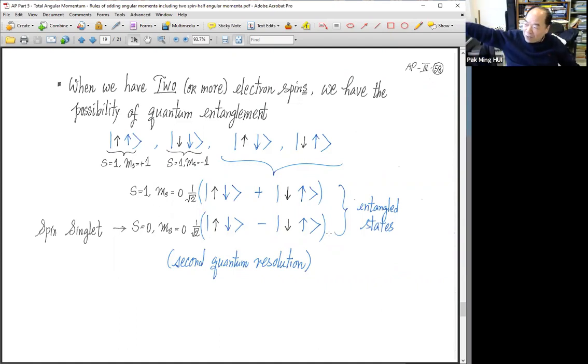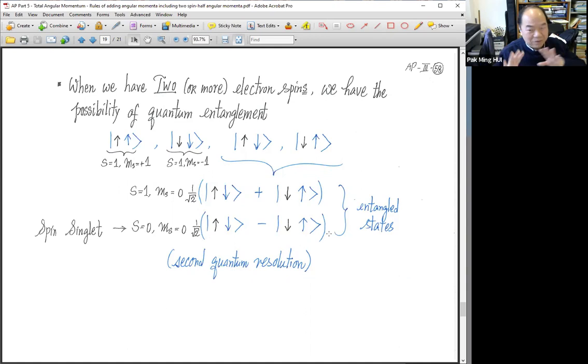So very far away, you measure this, and immediately the other one knows its fate, what properties it should take. This kind of experiment has been done over the past 30 years or so, to clear up a long-time question in fundamental quantum mechanics, whether quantum mechanics is local or non-local.